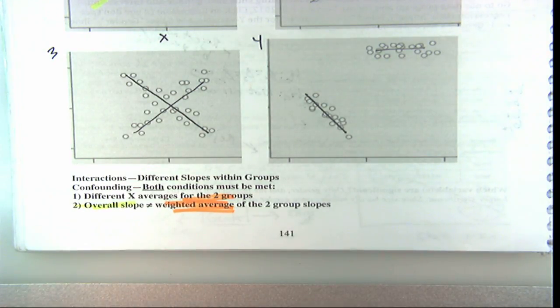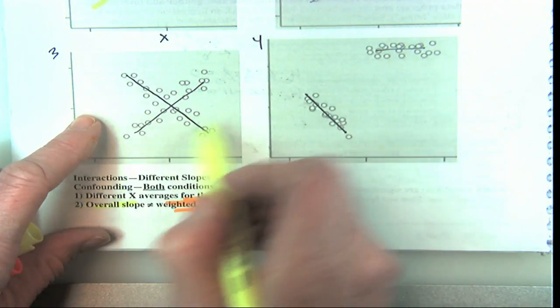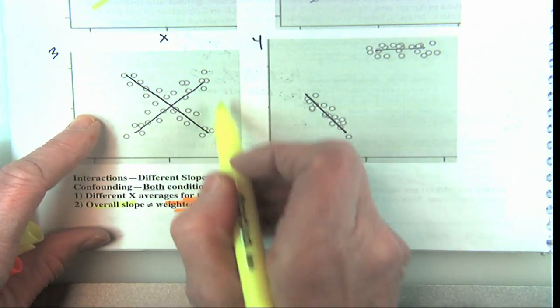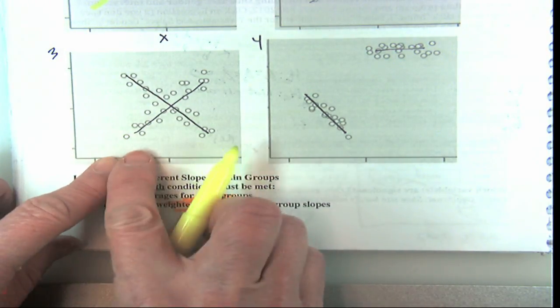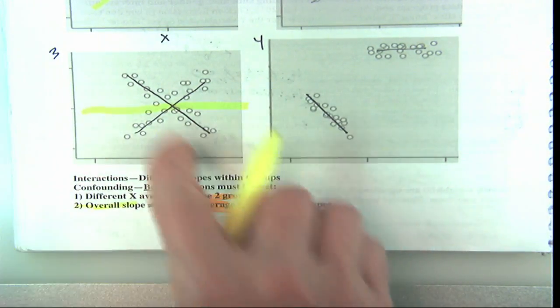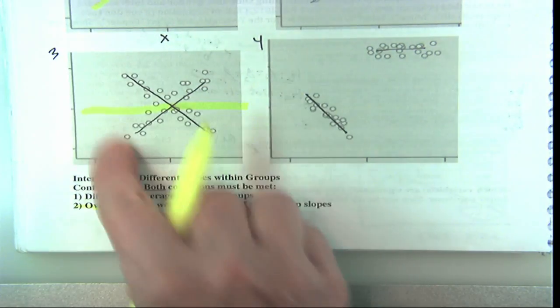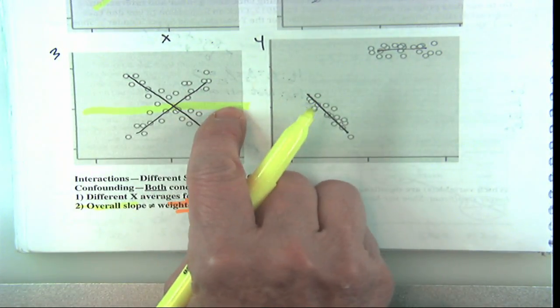Okay, so let's look at this. We're looking at what would be the overall. The overall is what the regression analysis would say: basically, as x gets bigger, this is the overall. It's just seeing there's no overall pattern here.